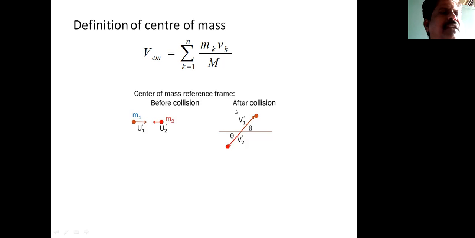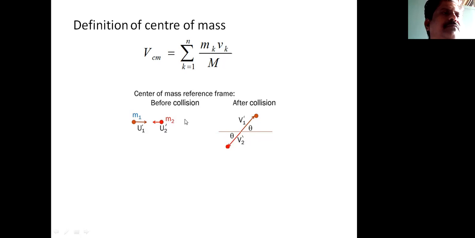So here, our main concept is the final velocity in the center of mass reference frame. Okay. In this picture, the first one indicates equal collisions, and the second one indicates halfway collisions.